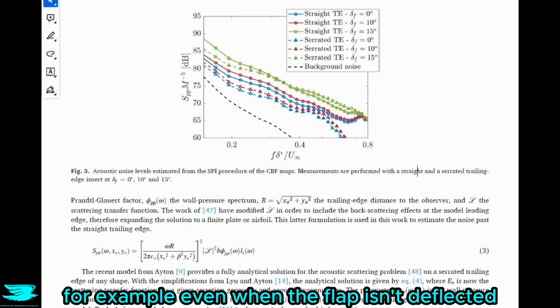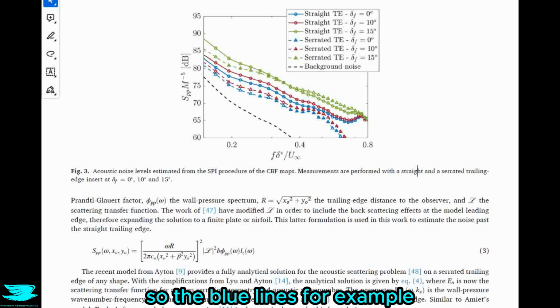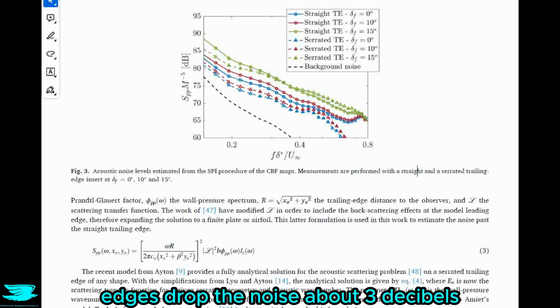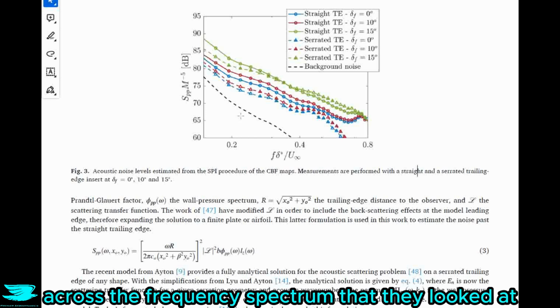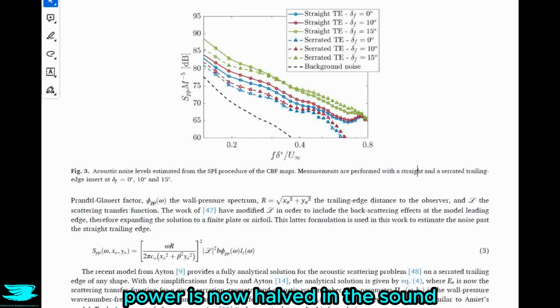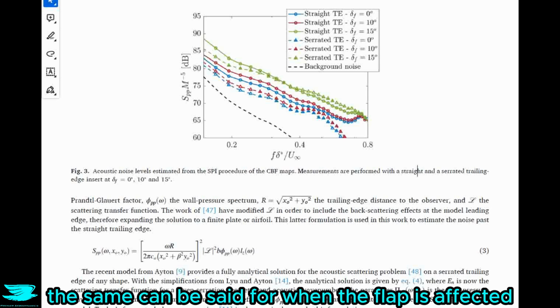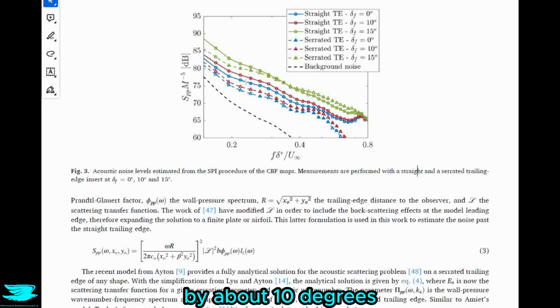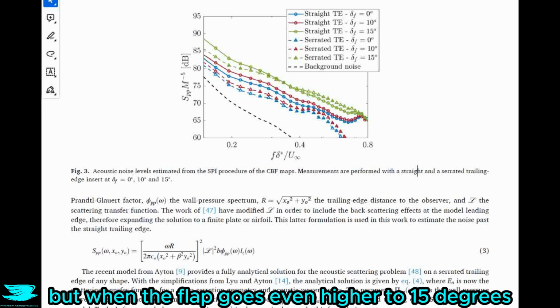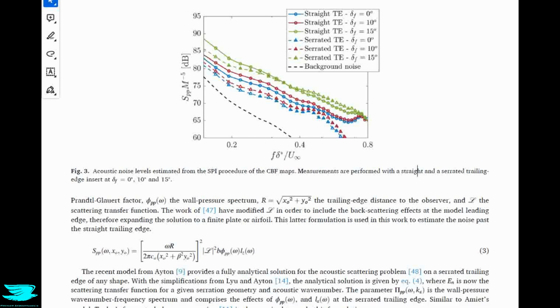For example, even when the flap isn't deflected, so the blue lines, the serrated edges drop the noise by about 3 decibels across the frequency spectrum that they looked at, which means that the power is now halved in the sound. The same can be said for when the flap is deflected by about 10 degrees. But when the flap goes even higher, to 15 degrees, only at lower frequencies do we see this drop in noise.